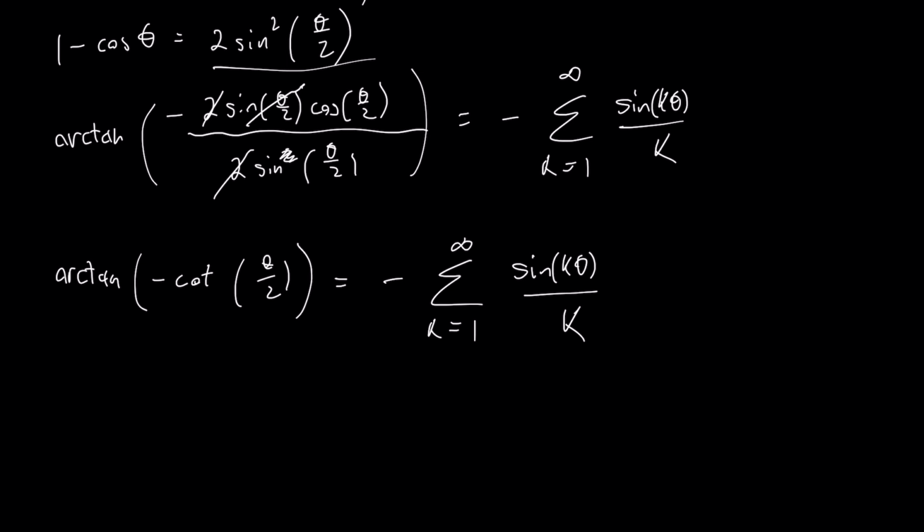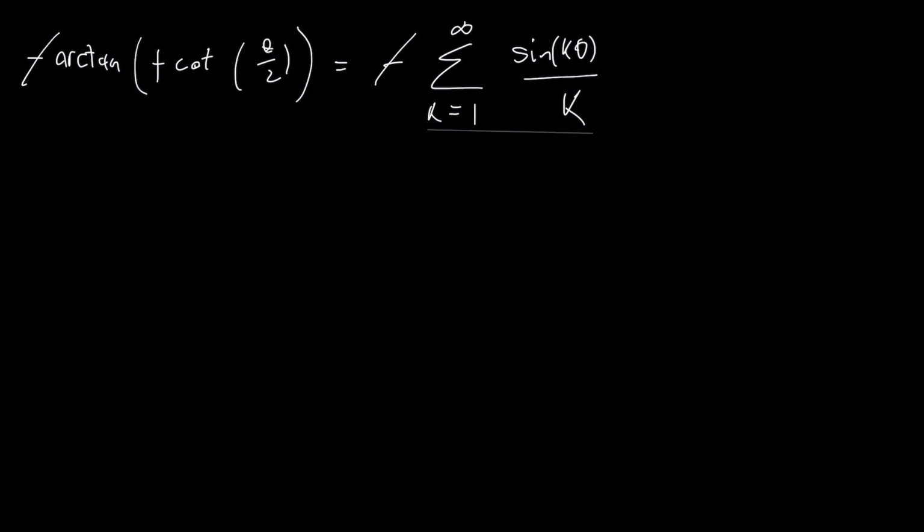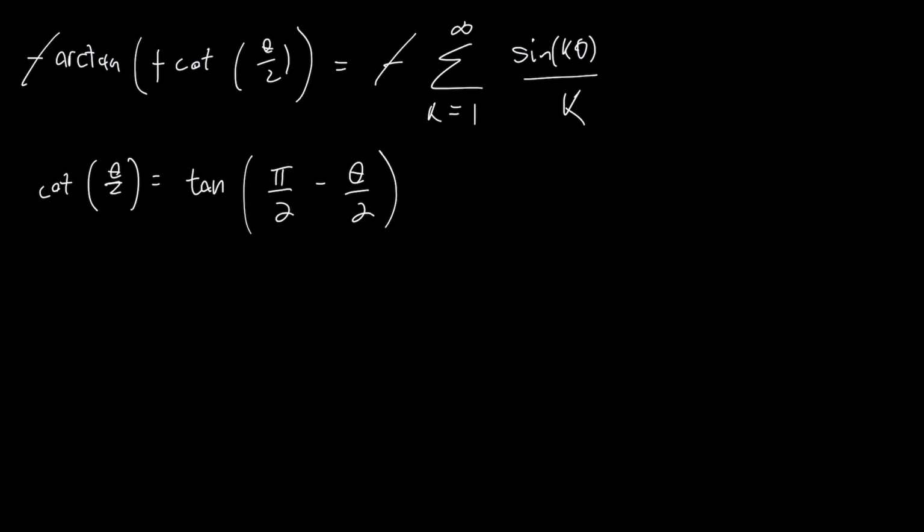But we know that the arctangent is an odd function, so we could put this negative to the front and make this positive, but these negatives end up canceling. And we also know that the cotangent of theta over 2 is the same thing as the tangent of pi over 2 minus theta over 2.